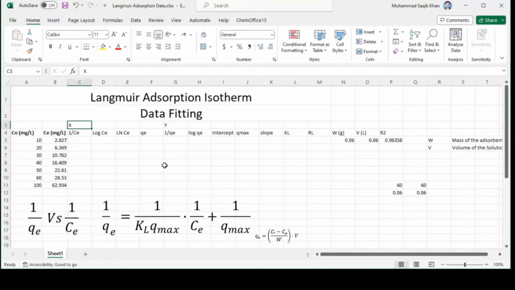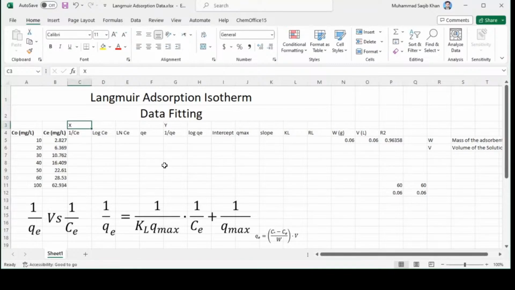Then ln CE is equal to write ln, and then select this ln, double click this one, and it will be selected, and CE. Close the bracket, and this will calculate ln CE for you, and drag this one, and it will copy all the data. So now we have calculated 1 over CE, log CE, and ln CE.